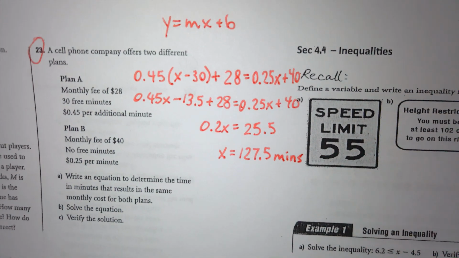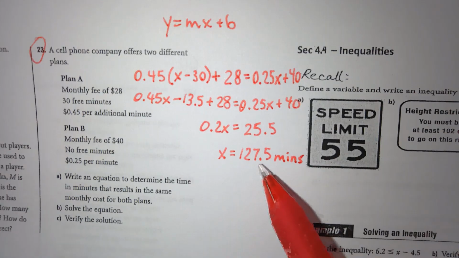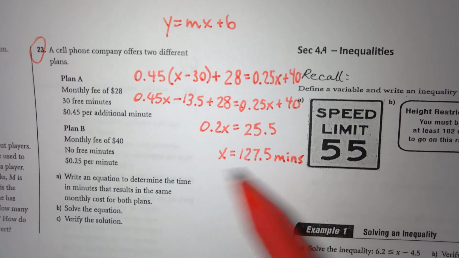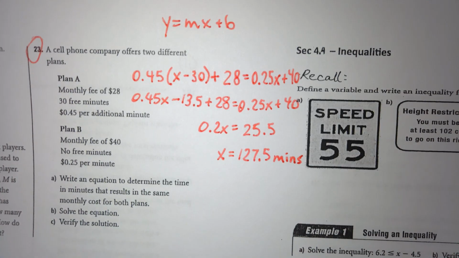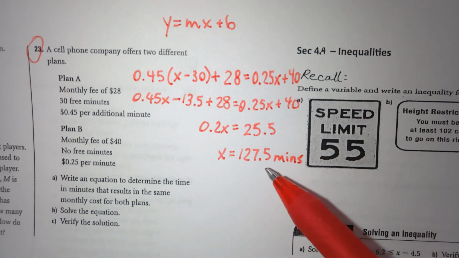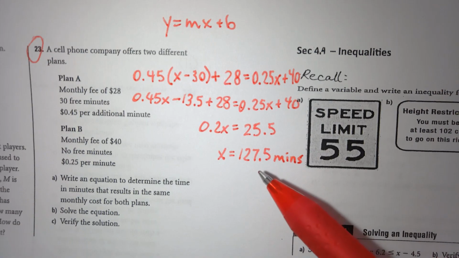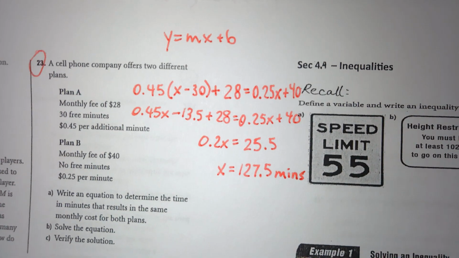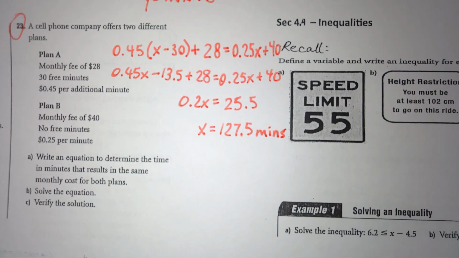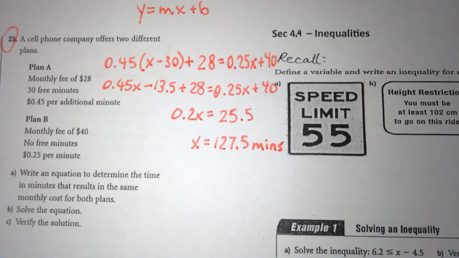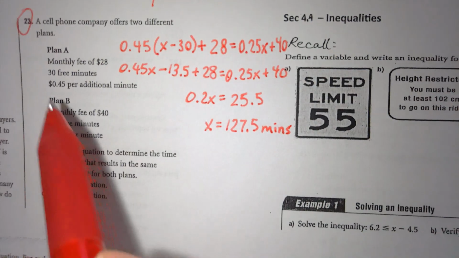So that means if I talk 127.5 minutes, it's going to cost me the same with plan A and plan B. Not the best looking number because you can't really talk for half a minute. I don't think they charge you for 30 seconds, but mathematically, that's what you do. Are you guys going to see questions like these?